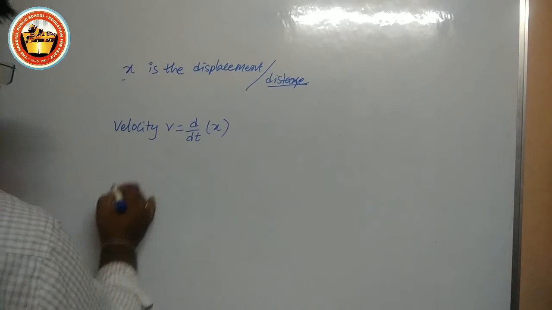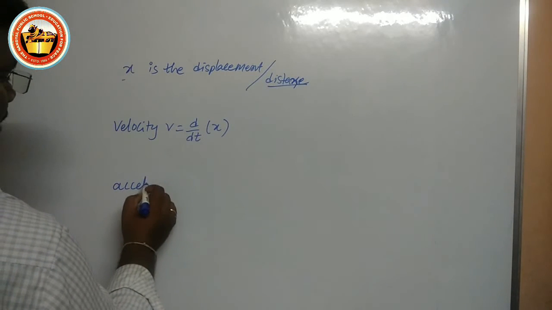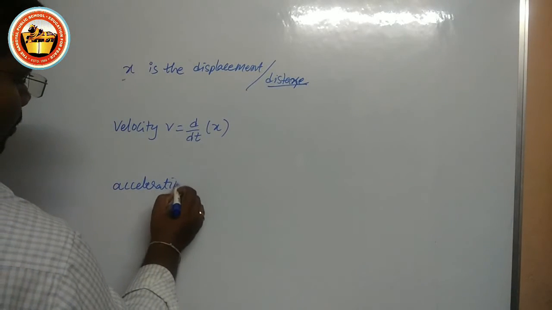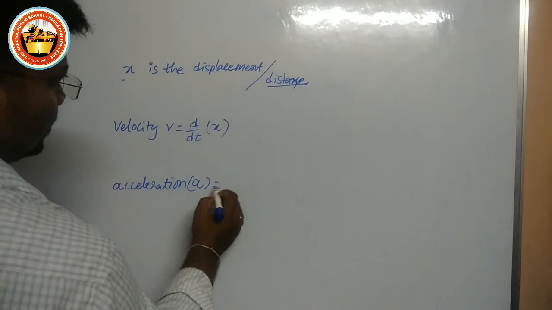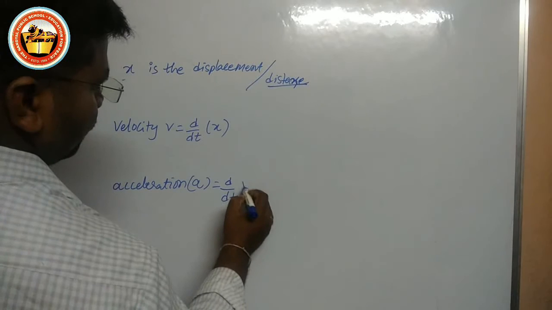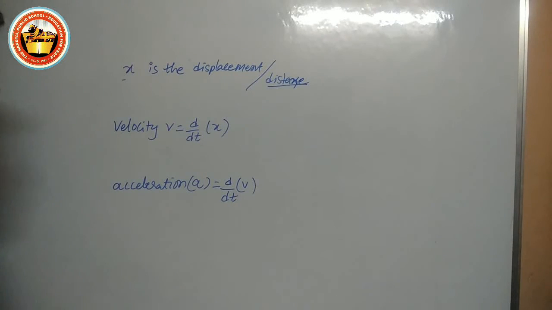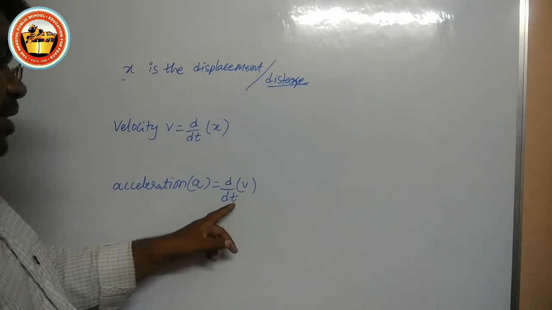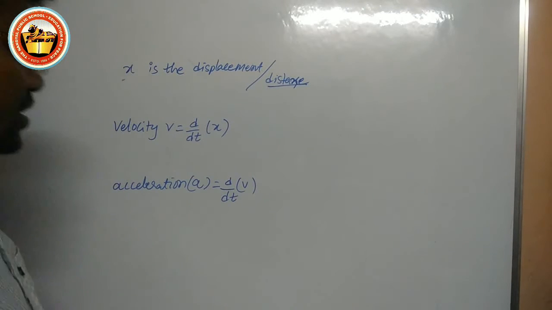From this, how can we get acceleration? Acceleration a is equal to d by dt of v. Differentiation of velocity with respect to time gives the acceleration.